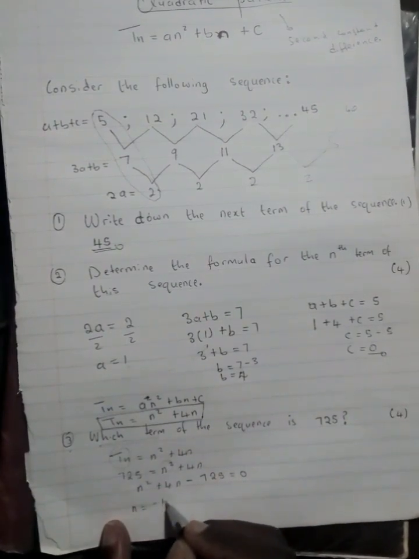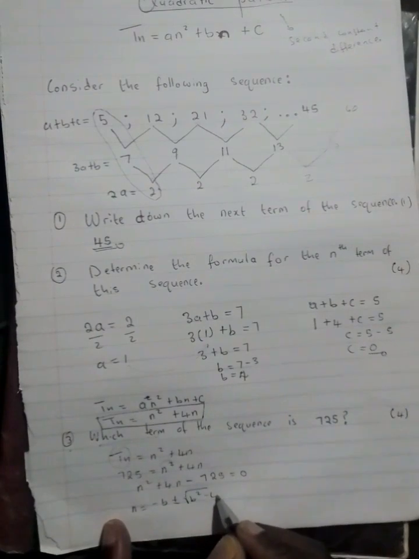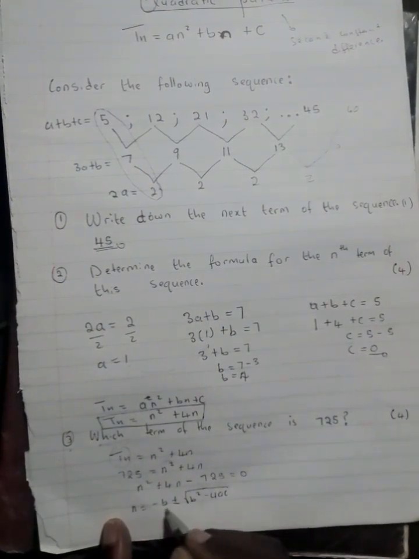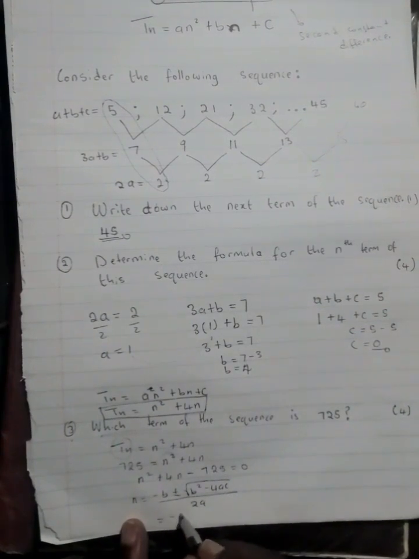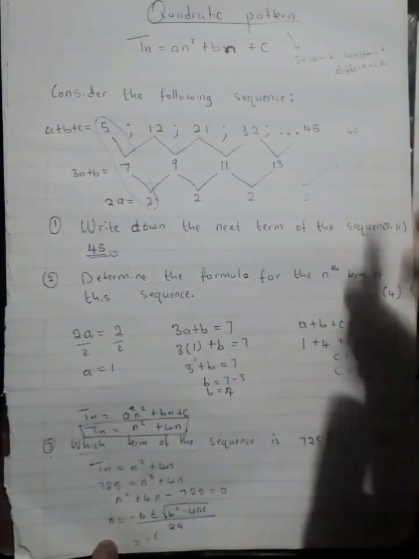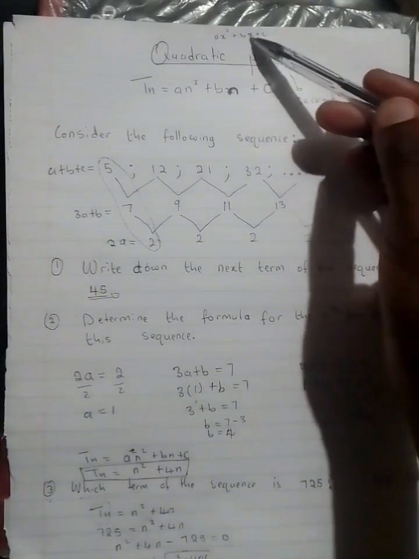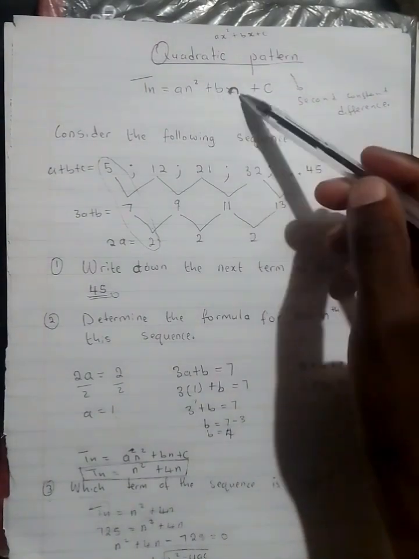So the quadratic formula, remember, is negative b plus or minus the square root of b squared minus 4ac, all over 2a. Let's go ahead and substitute. The value of b is the coefficient of x, but here instead of x we have n, right?